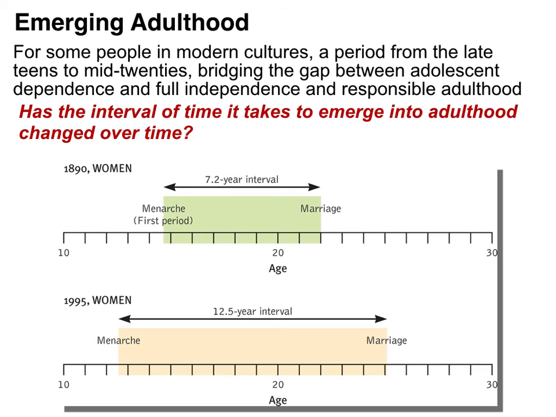We also see that emerging adulthood has changed even throughout college. A lot of times people will go to college and then move back in with their parents after they graduate, or never leave their parents. And this is, again, all indicative of this change in how we see development, how we see adulthood, and who we expect to be the adultier adults.